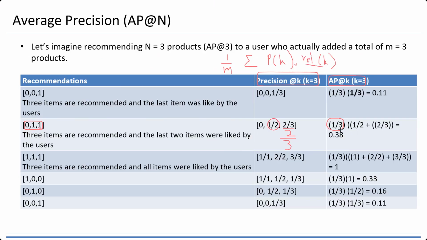So the summation will be 1 divided by 3, because we have M equals 3, multiplied by 1 divided by 2 plus 2 divided by 3. And we can get the value of the average precision, which is 0.38.